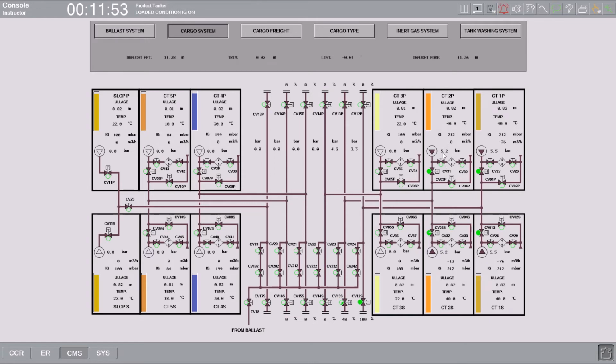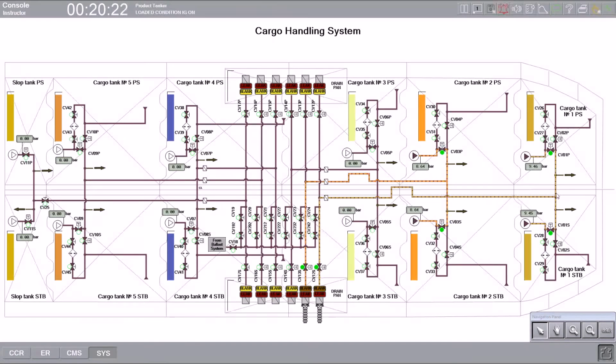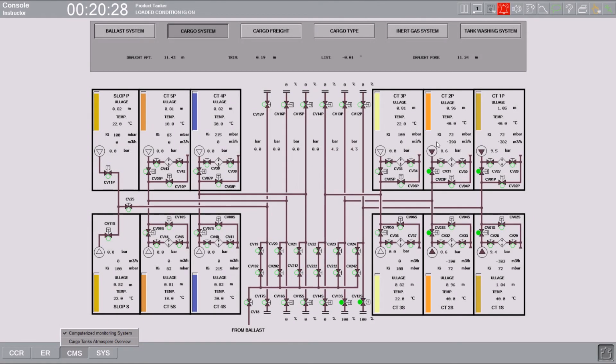Keep always monitoring and control of the pressure in tanks and rate of discharge, pressure of pumps and rate of discharging. Here you can see that the discharge is running normally, and you can see the pressure in the tanks.